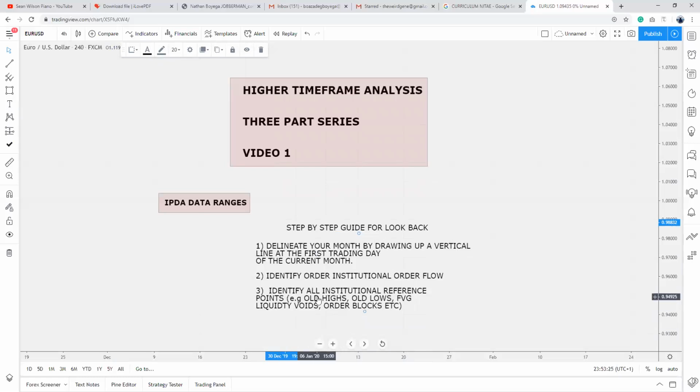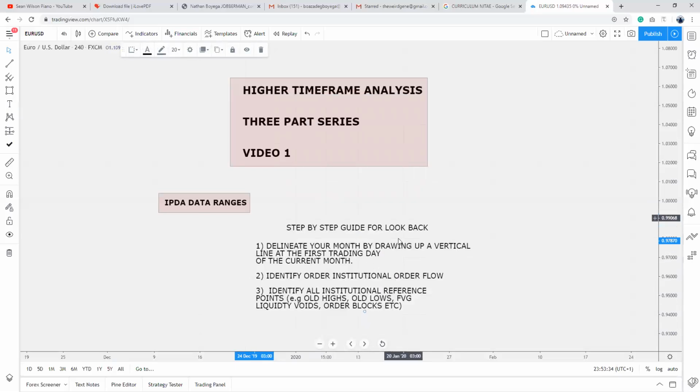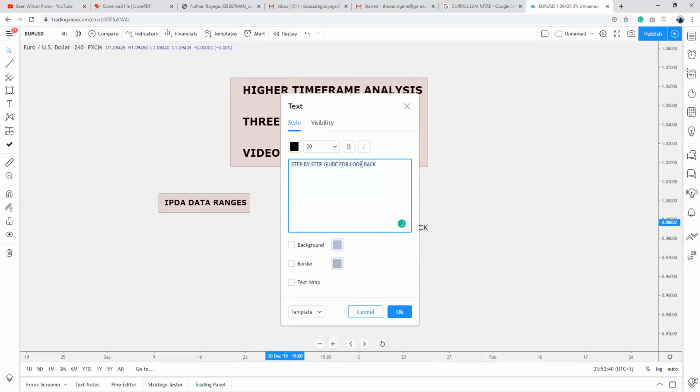And then phase two is the cast forward phase. Okay, so we're doing the cast forward phase now. We're done with the look back phase. I'm just going to change this to step-by-step guide for cast forward phase, and we're going to make this bold.